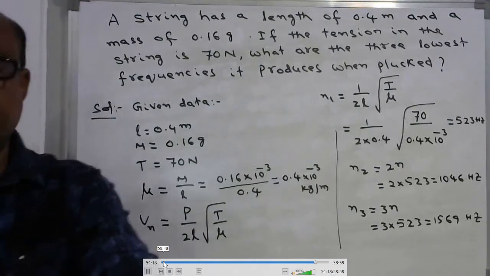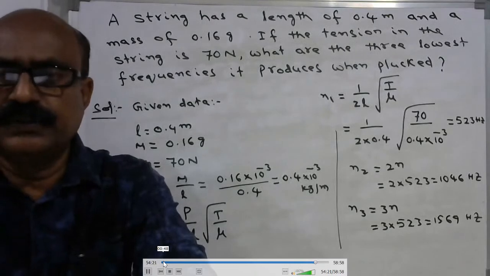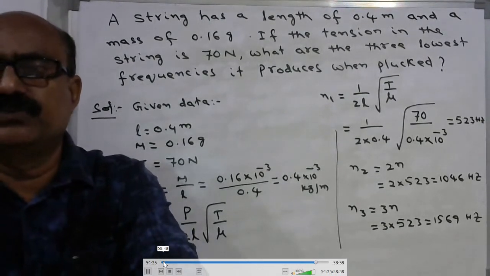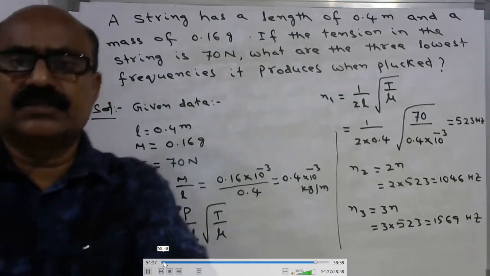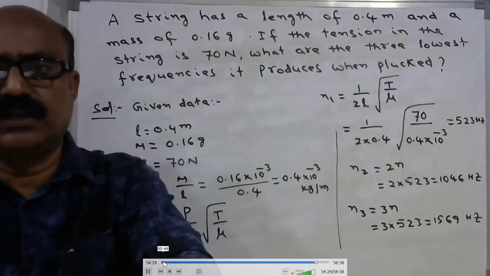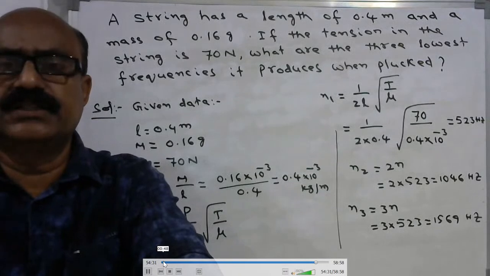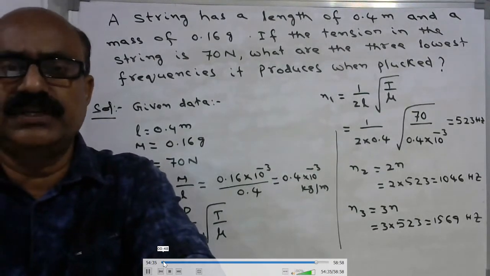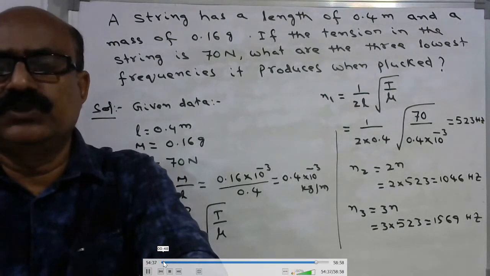Now there is one more problem. A string has a length of 0.4 meters and a mass of 0.16 grams. If the tension in the string is 70 newtons, what are the 3 lowest frequencies it produces when plucked?